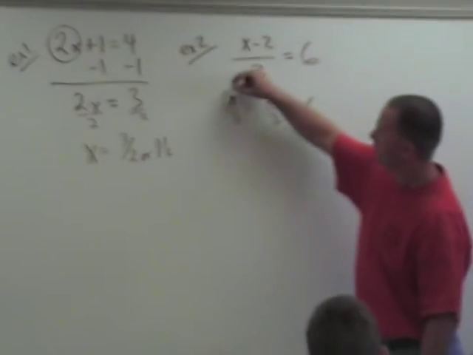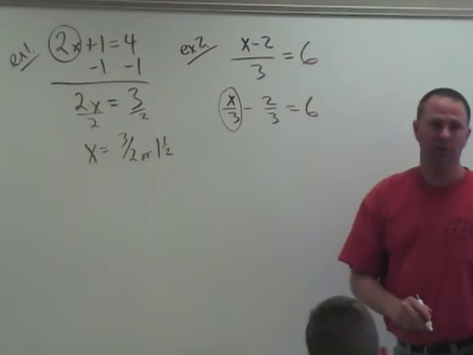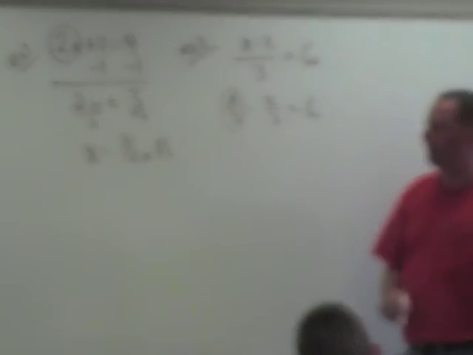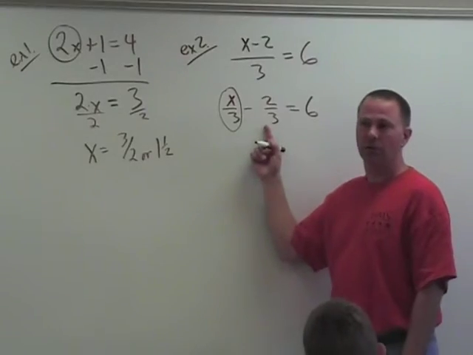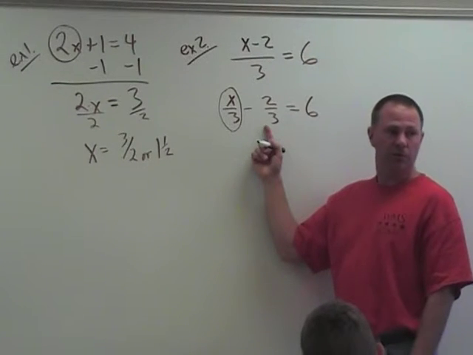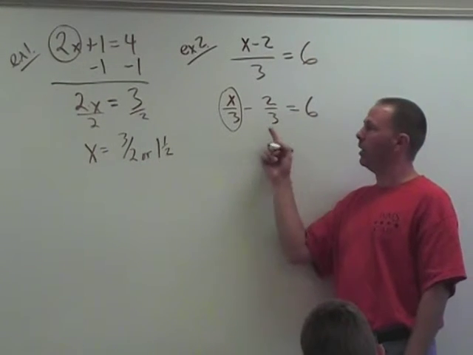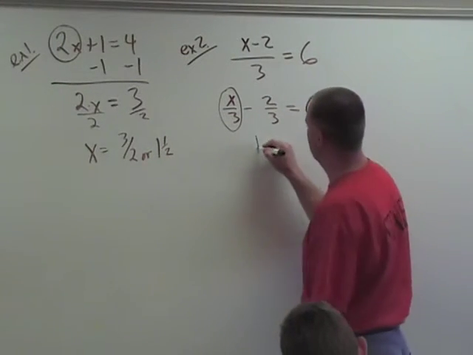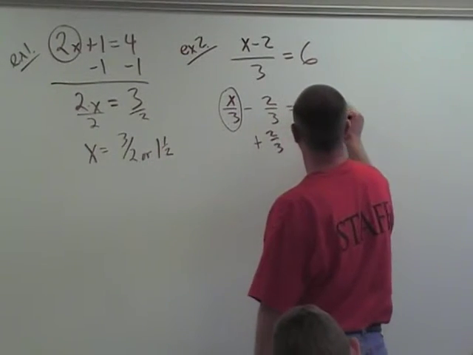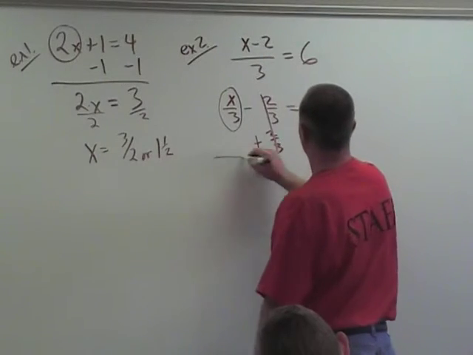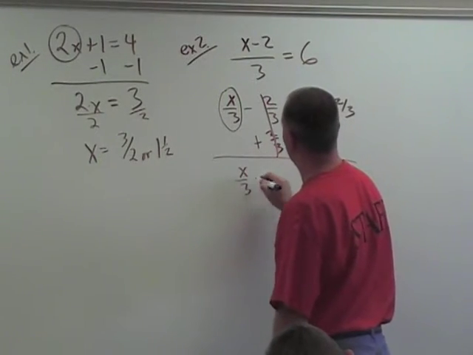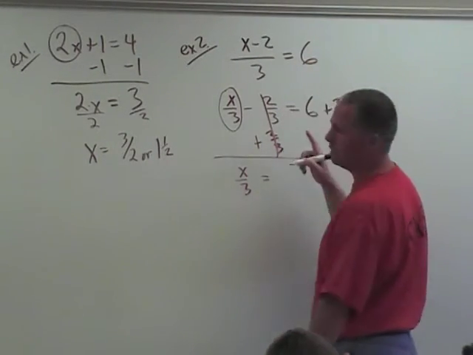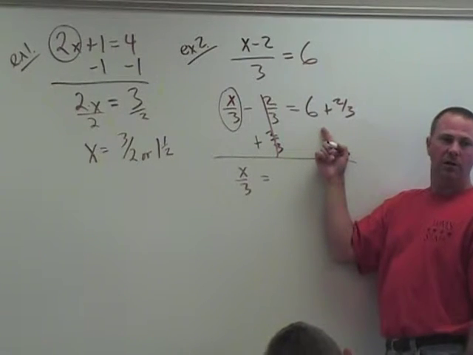All right, step 1. Circle the term you're solving for. Step 2, move the other terms to the other side of the equal sign. How do I remove a minus 2/3? Add 2/3.